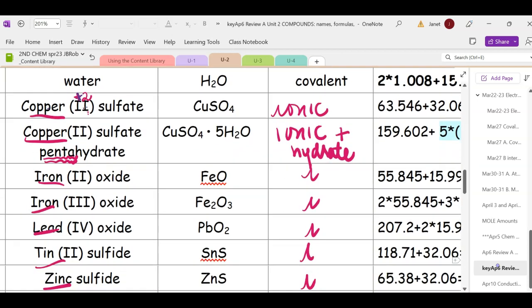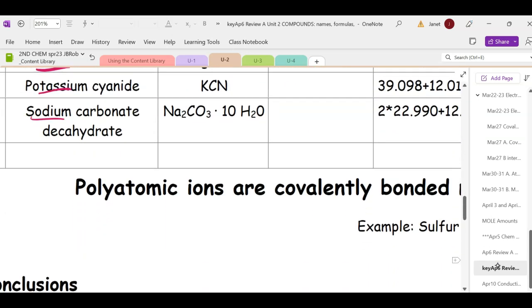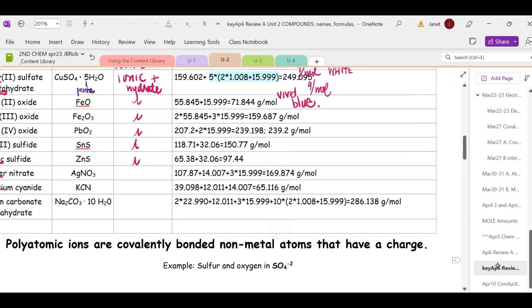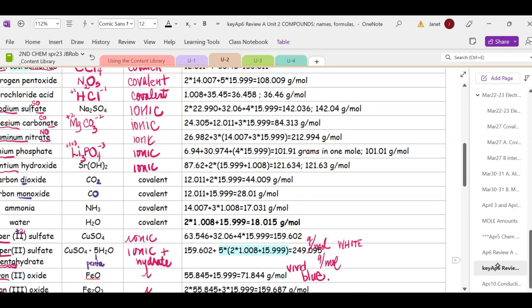All right, so we went through all of this. We looked at hydrates, where 5, the Greek prefix is penta, and we call the water a hydrate. The polyatomic ions are covalently bonded nonmetal ions that have a charge. Those are on your periodic table.